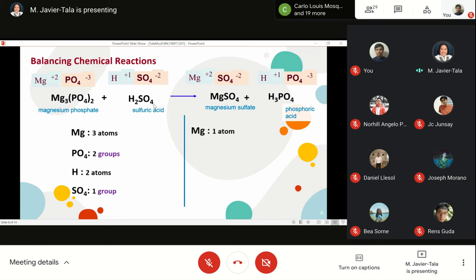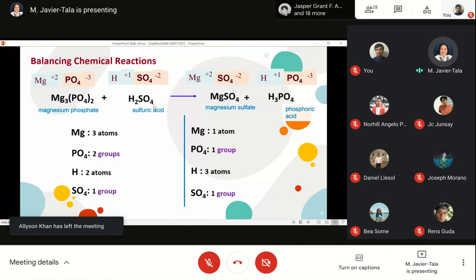On the product side, magnesium has 1 atom. Phosphate is 1 group because there are no parentheses. Hydrogen has 3 atoms because it has a subscript 3. And sulfate will exist as 1 group because there are no parentheses and no subscript.